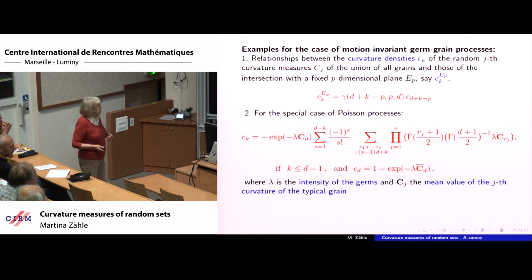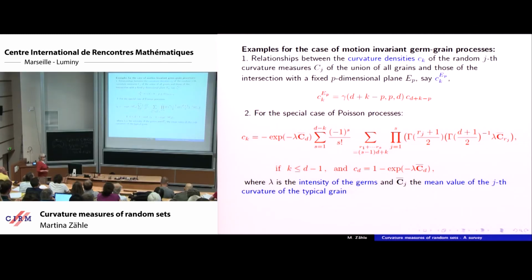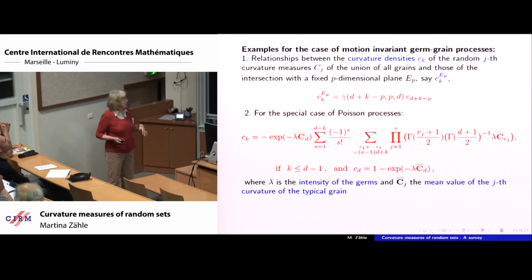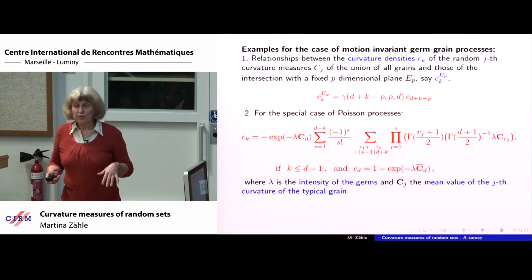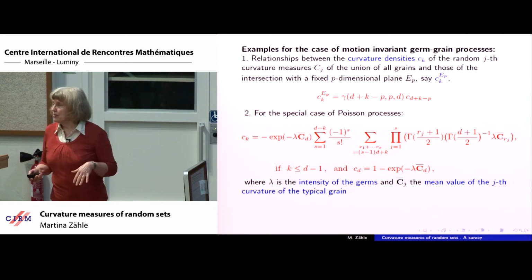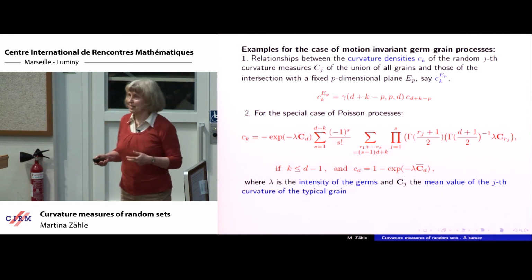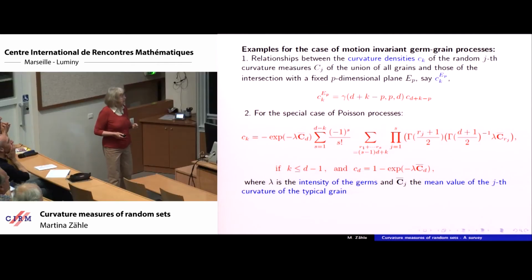In the special case of the Poisson model, if you take a Poisson process of geometric sets, then one has a formula which expresses the curvature intensity C_k in terms of the typical grains of the process. C_k is the kth curvature intensity of the whole model, of the union set of this point process model.